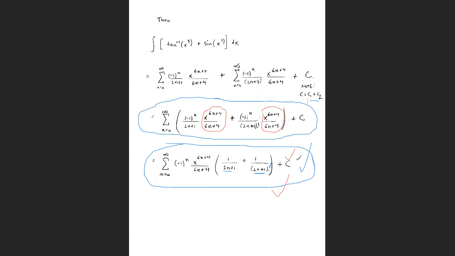So now what we want to do is compute the definite integral. Now the integral, by the way, the limits go from 0 to 0.2, and that's okay, because those limits fall within the interval of convergence for the power series of the arctangent of x cubed and the sine of x cubed. So we can work with that.